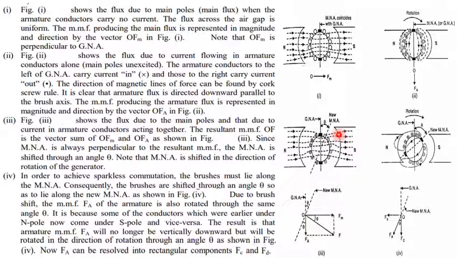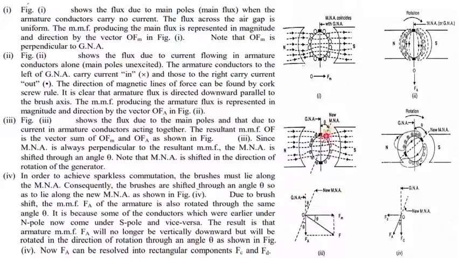Now the resultant MMF can be represented here. In the case of the resultant MMF, the MNA, the magnetic neutral axis, shifts its position by some angle theta.